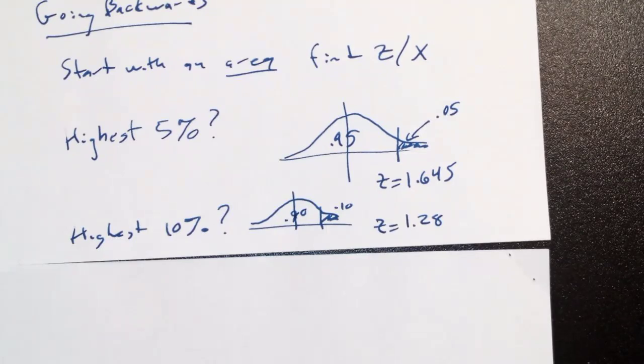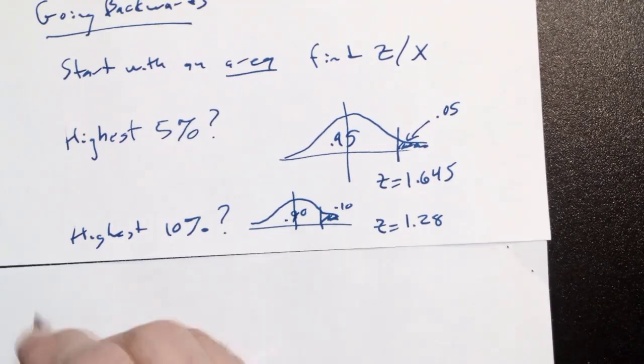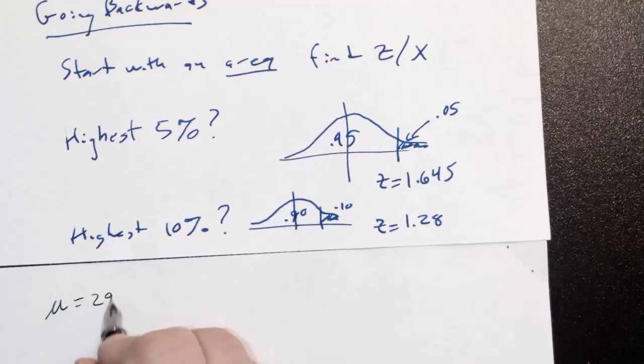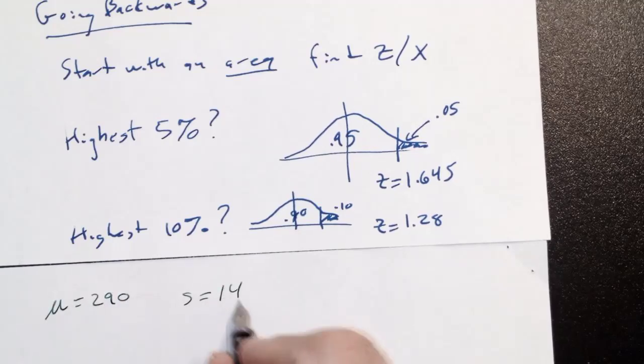But that's a z-score. Z-scores seem obtuse and weird, and they don't seem to have practical relevance. So let's take this same question and put it in the setting we were just in. We were dealing with Egg McMuffins, and we said that they had an average calorie count of 290 and a standard deviation of 14.